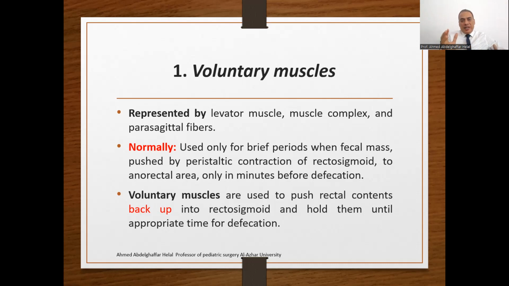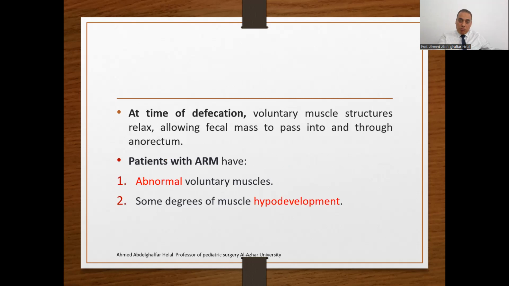The fecal mass will be pushed by the contraction of the rectosigmoid, reaching the upper anorectal area and the upper rectum. And these muscles will act according to what the person perceives in the surrounding circumstances. If the person decides to go for defecation, they will relax. If the circumstances are inappropriate, they will contract and push this fecal mass back.